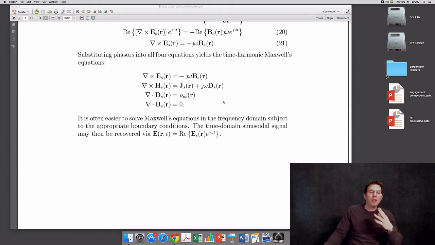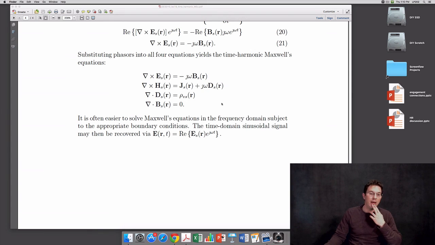Again, it is often easier to solve Maxwell's equations in the frequency domain subject to the appropriate boundary conditions. Just like for AC phasor analysis for circuits, if we're only interested in the steady state response or the time harmonic response, we'll pass to frequency domain and solve these four equations subject to appropriate spatial boundary conditions.